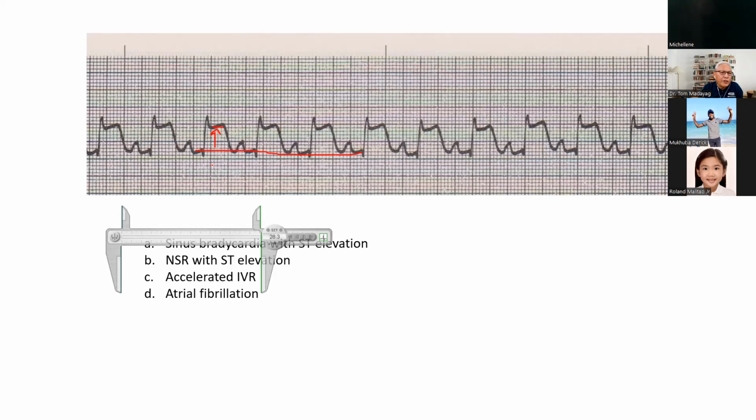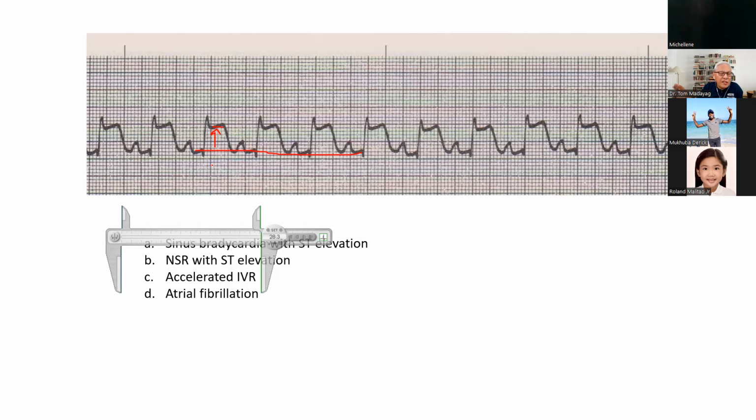So what's the implication whenever you have an ST segment elevation? The implication is the possibility that there might be an ST elevation MI, or popularly known as STEMI. So this is an acute infarction. You obviously cannot diagnose an acute infarction based on just one lead.